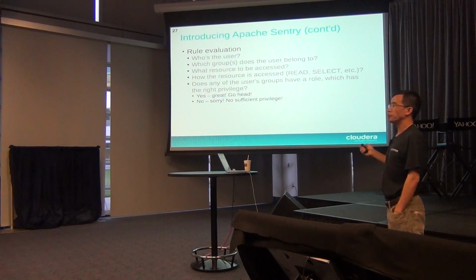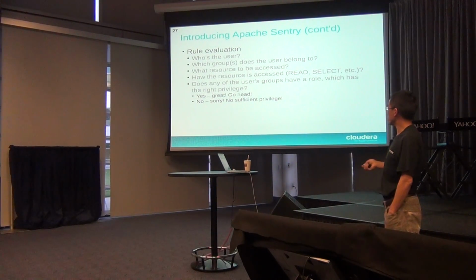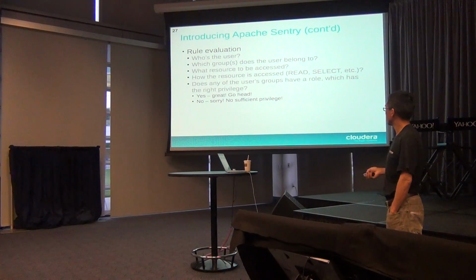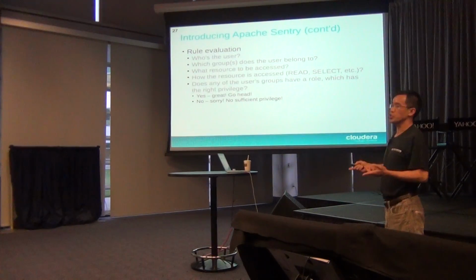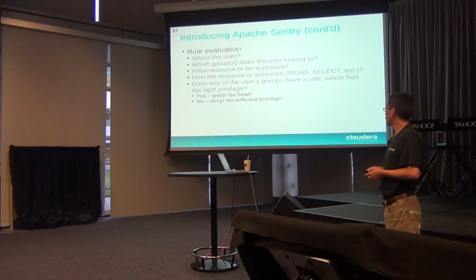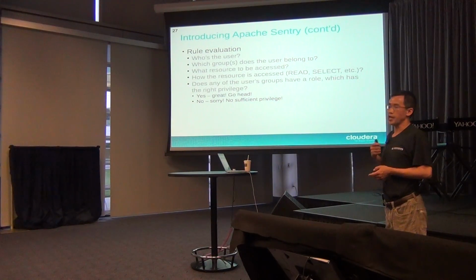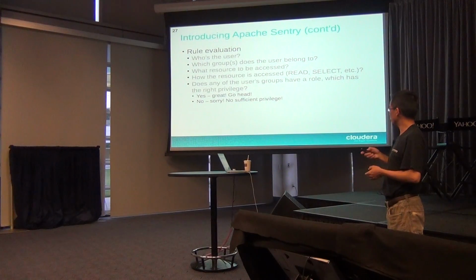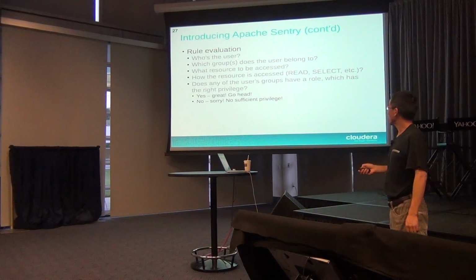So here's the detailed information about how the evaluation is conducted. First, who is the user and which groups the user belongs to, what resource is accessed, and in what way the resource is accessed, like is it a write.